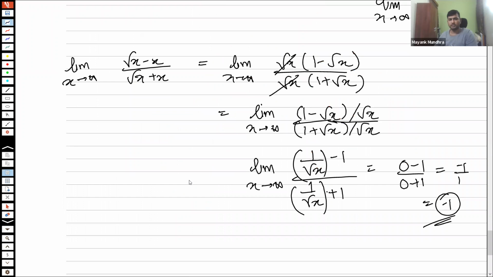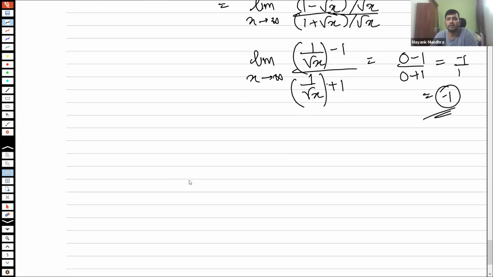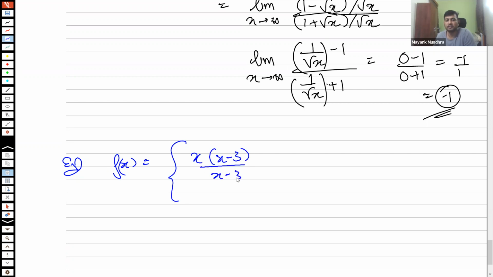Okay, so let's look quickly at an example. Suppose I am looking at the function f of x equals x times (x minus 3) upon (x minus 3) for x not equal to 3, and some value b for x equal to 3.